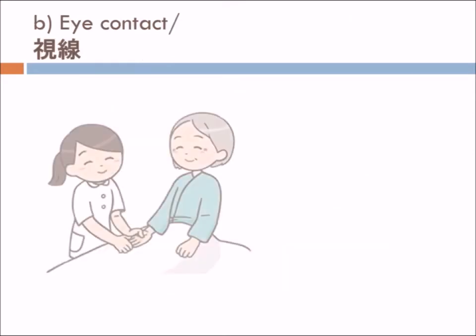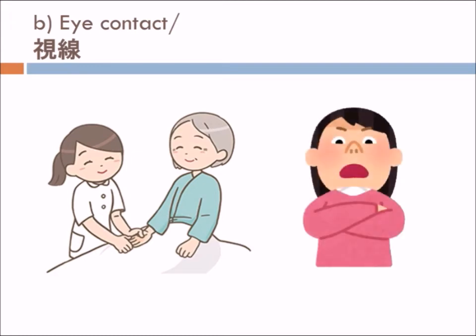Eye contact. The care worker establishes eye contact on the same level with the user. This is because it is difficult for the user to know that the care worker is listening if there is no eye contact. The user will find it intimidating if the care worker looks down on the user.